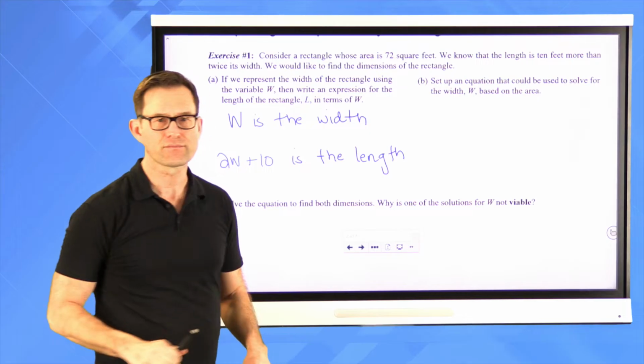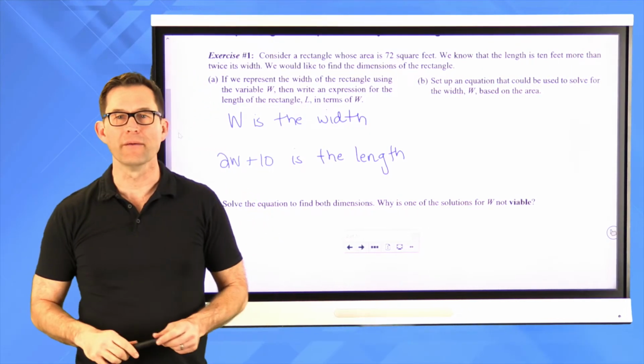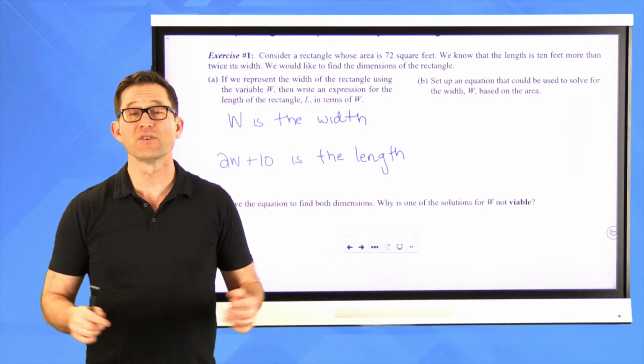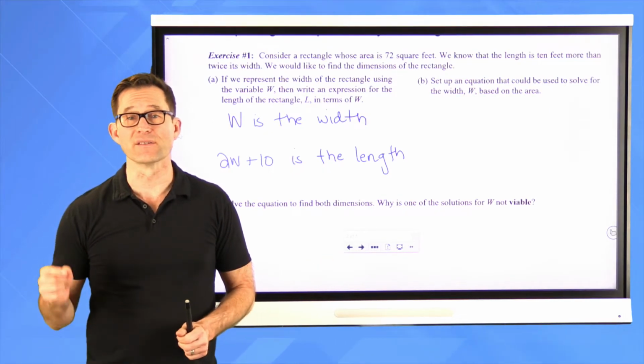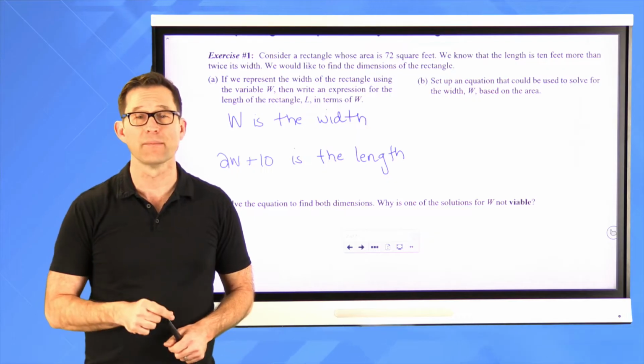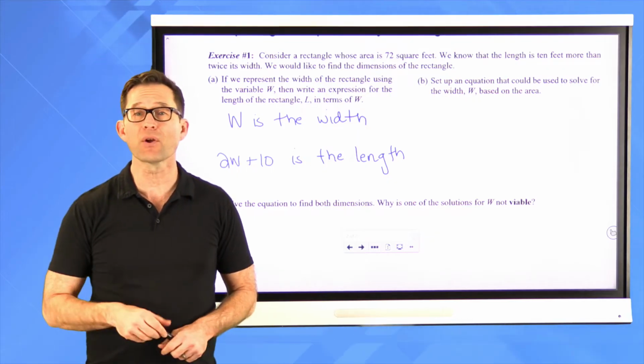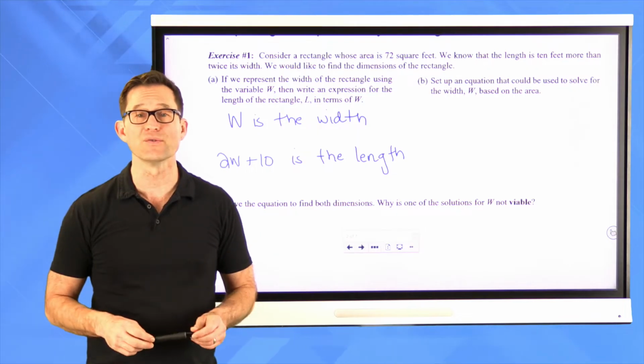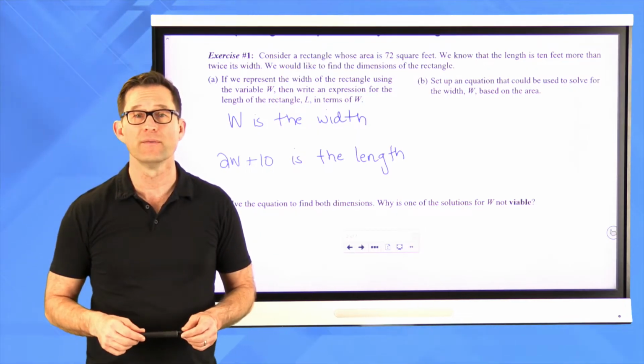Okay, great. All right, letter B. Set up an equation that can be used to solve for the width w based on the area. Let me just remind you that the area of a rectangle is length times width or width times length. See if you can now set up an equation in B. Don't worry about solving it. Just set up an equation that can be used to solve for the width.